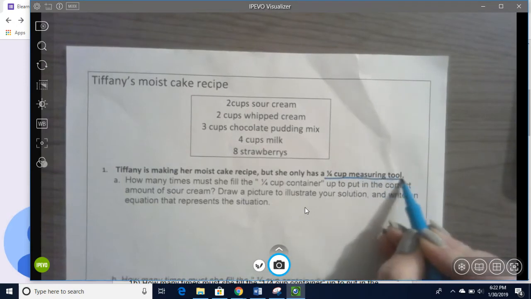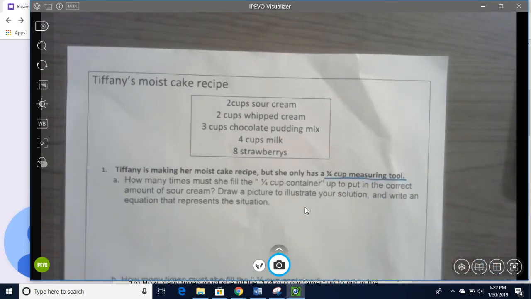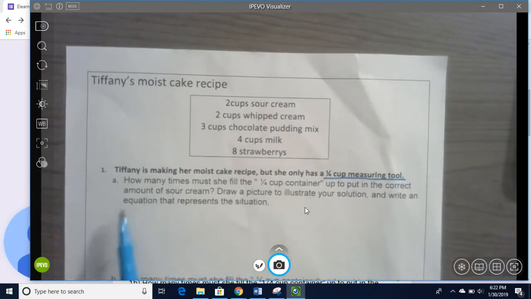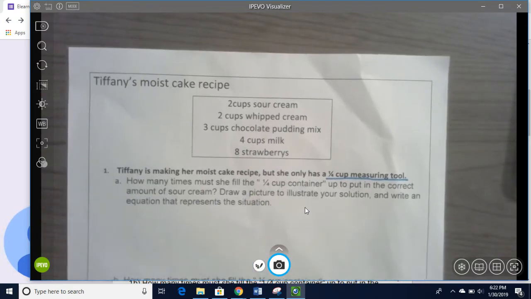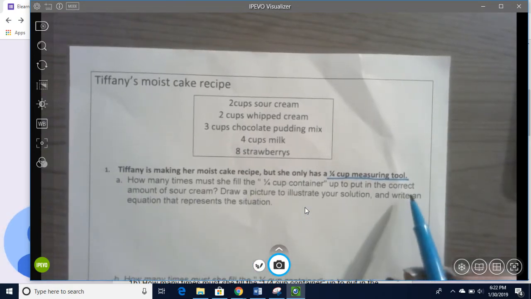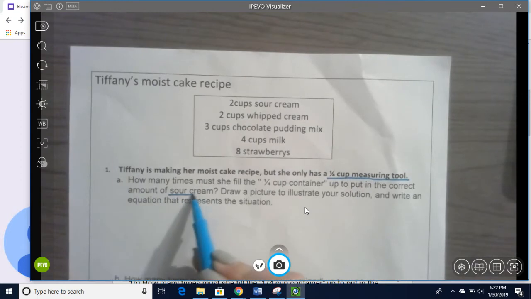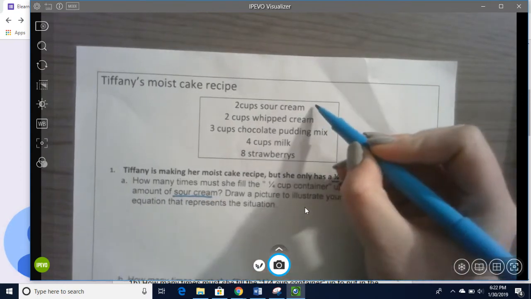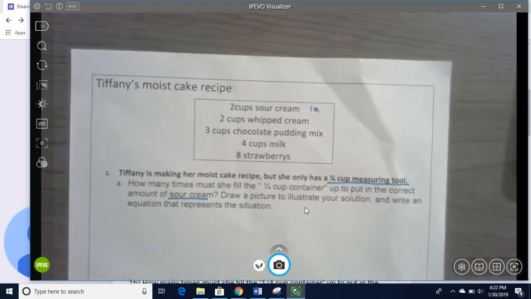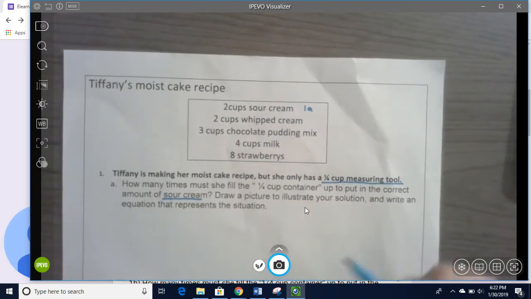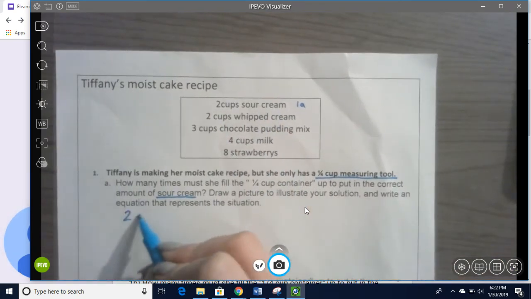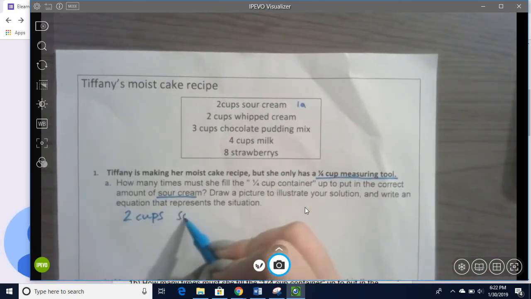She only has that. Then first question, how many times must she fill the 1/4 cup container up to the correct amount of sour cream? So we're looking at sour cream first. Okay, so 1A, we're referring to sour cream. She needs, looks like, 2 cups sour cream.